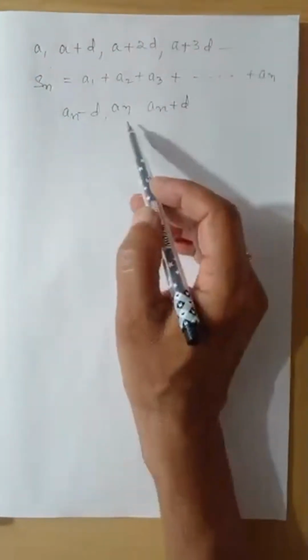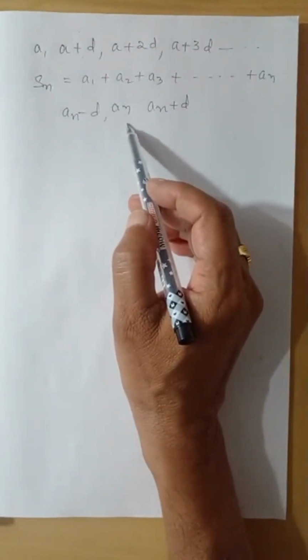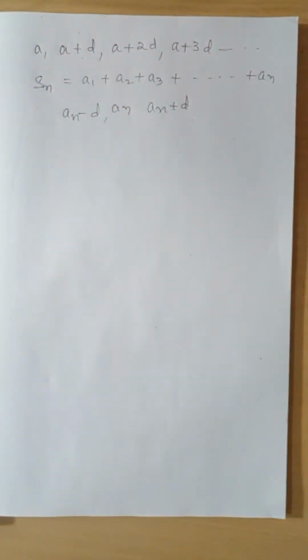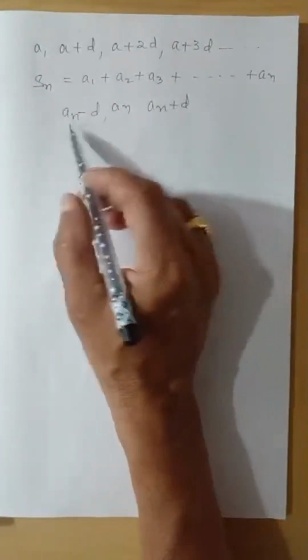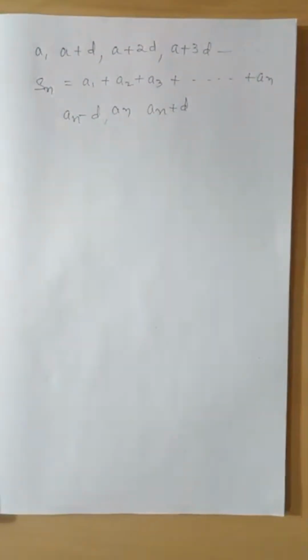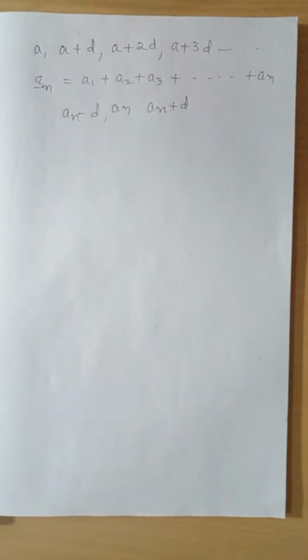So these three terms are very important. For any term an, the next term is an plus d, and the previous or preceding term is an minus d.